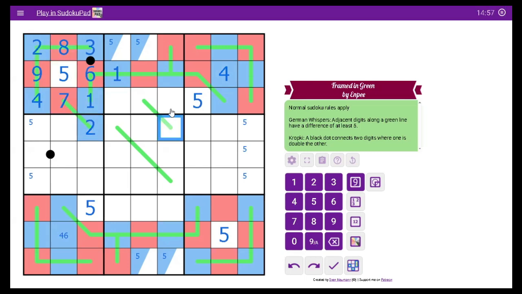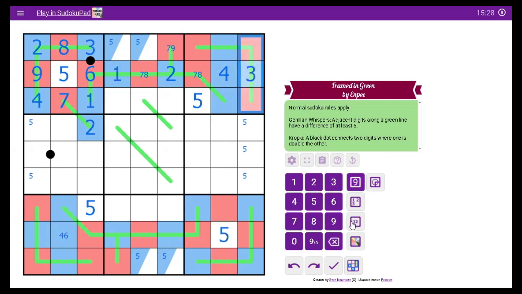Box. This would have to be a 7 or an 8, and so would this. This couldn't be a 3 because it would be next to a 7, which would break on the German Whisper, so this must be a 2. This is a 7 or a 9. This by Sudoku is a 3.